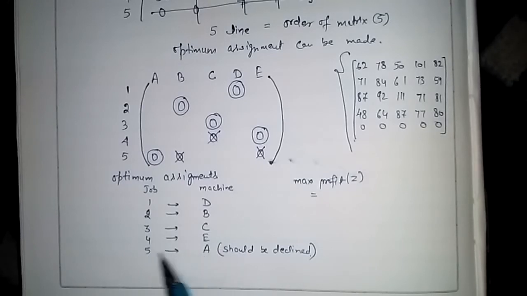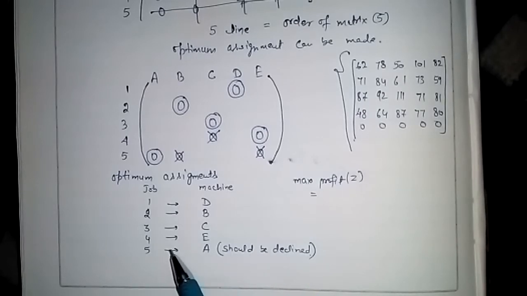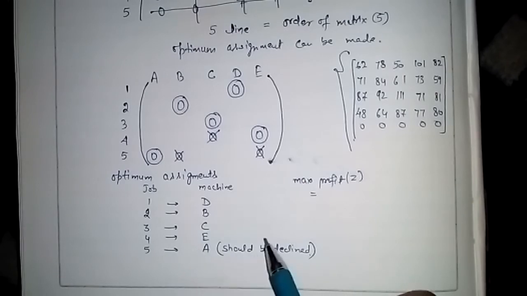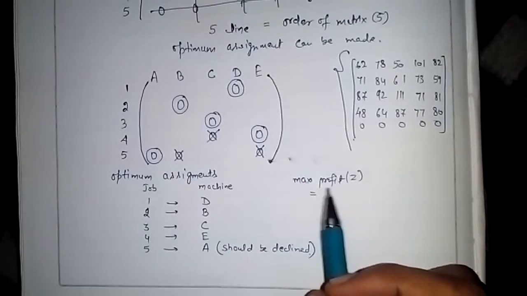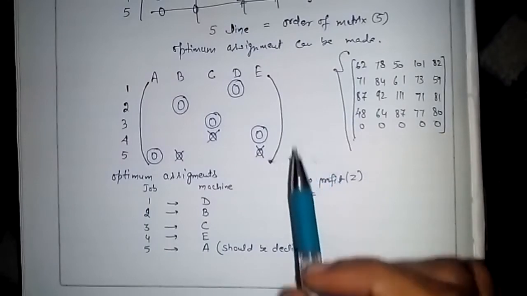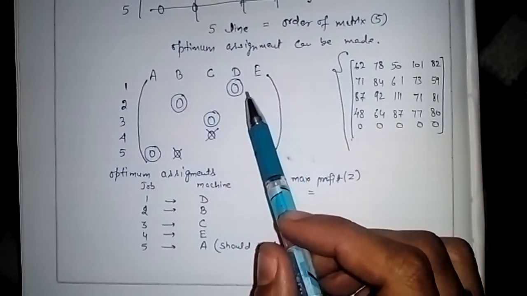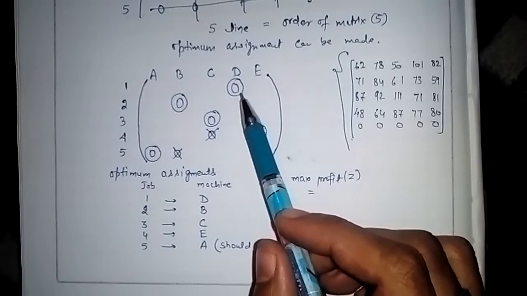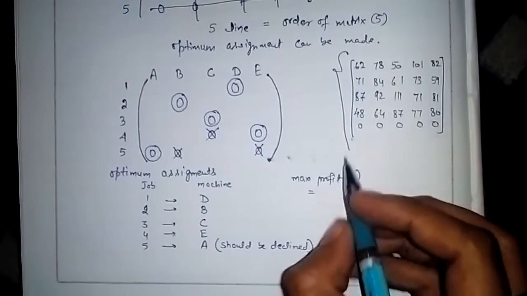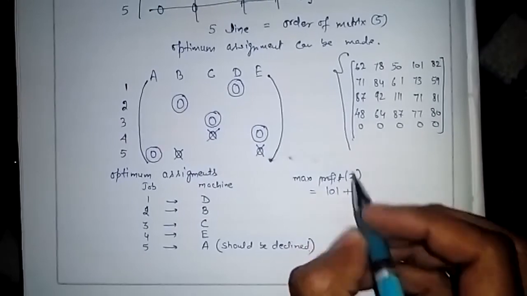And the fifth to A assignment should be declined, as the fifth job was introduced using a dummy variable and it was a fake job. And now to calculate the maximum profit, we will look for the corresponding elements to these assignments. Like this assignment corresponds to the value 101.